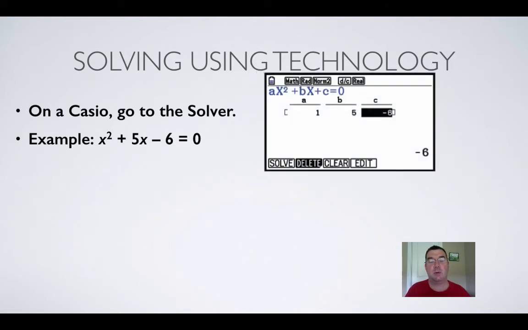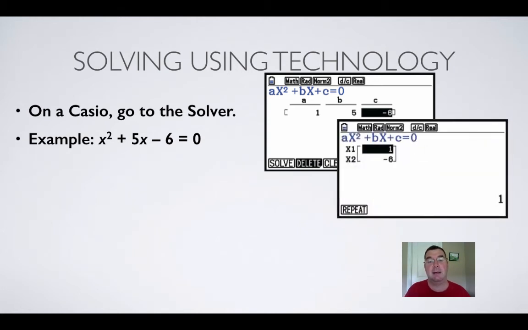This is what your screen is going to look like on the Casio. You plug in 1 for a because that's your x squared coefficient. You plug in 5 for b because that's your x coefficient, and you plug in negative 6 for c because that's your constant. Make sure that those are in the right order, otherwise you'll get bad answers.